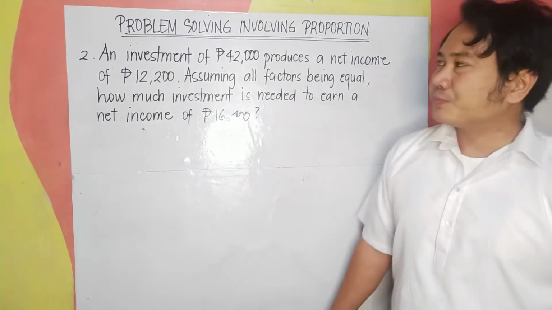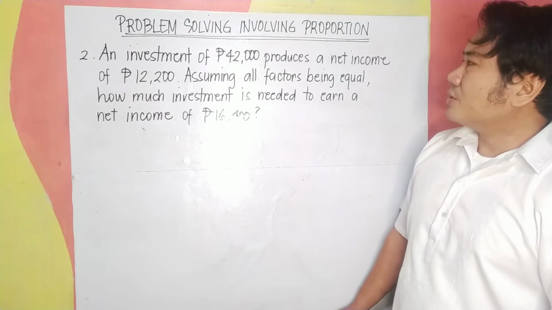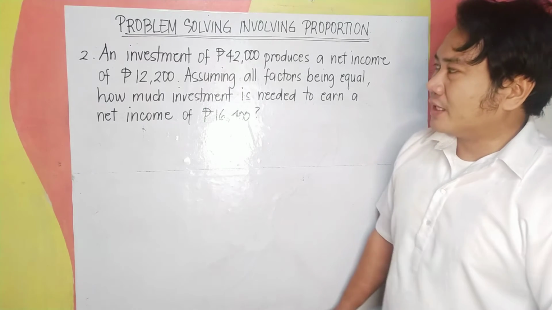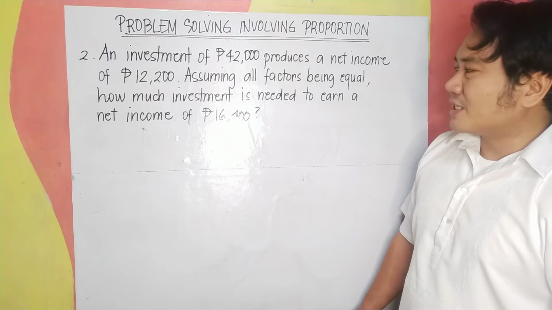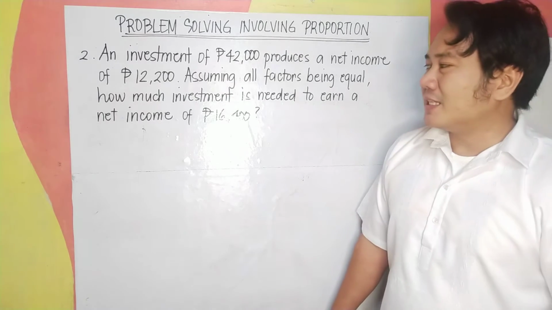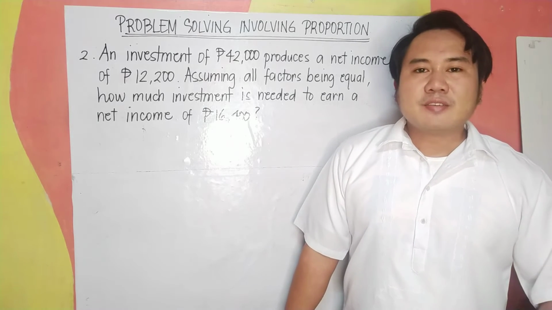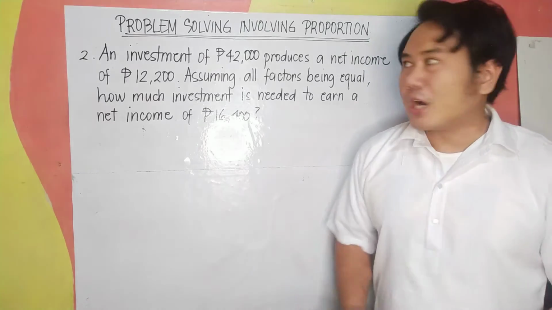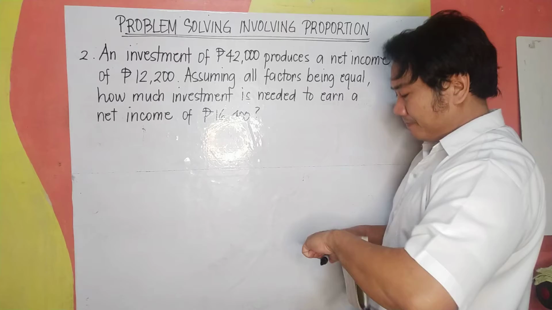Next, number 2. An investment of 42,000 produces a net income of 12,200. Assuming all factors being equal, how much investment is needed to earn a net income of 16,400? First, let us identify ano yung dalawang quantity being compared. And those are the investment at yung net income.